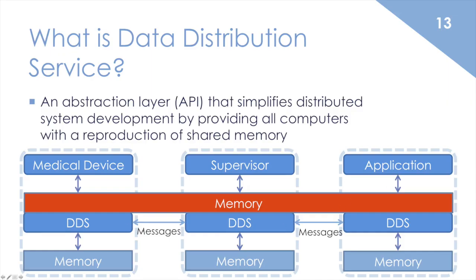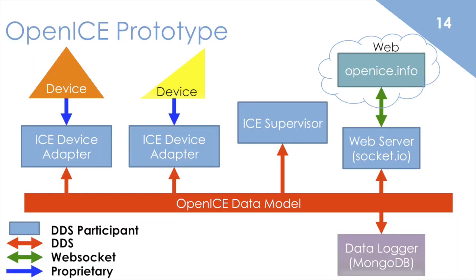What DDS does below the surface is exchange messages to ensure that every participant in this system perceives or sees the same system state. So here you can see in the OpenICE prototype, device adapters are interacting with this common system memory or data model, as well as a supervisory application, a web server perhaps, and in our lab we even have a data logger recording the data that's shared with this data model through time.